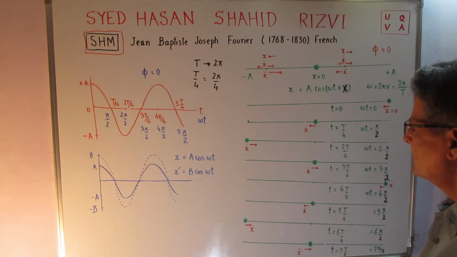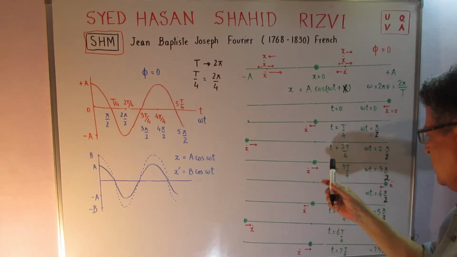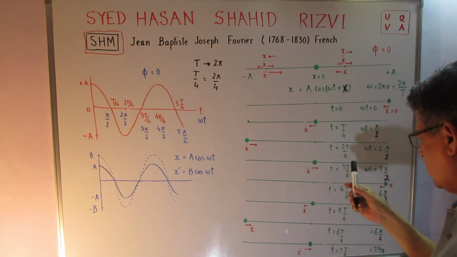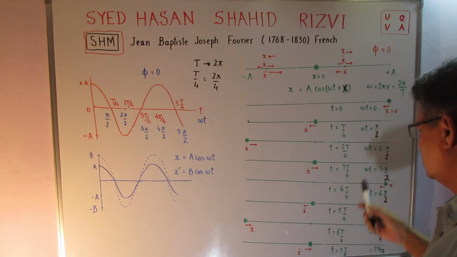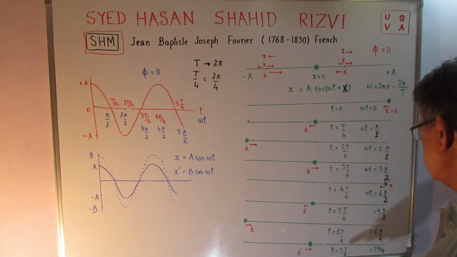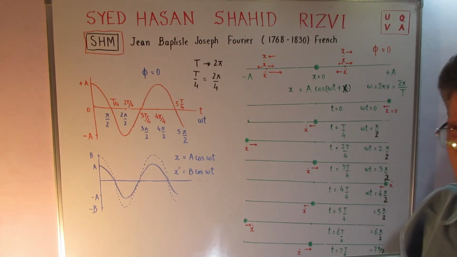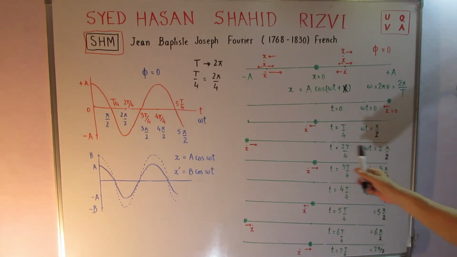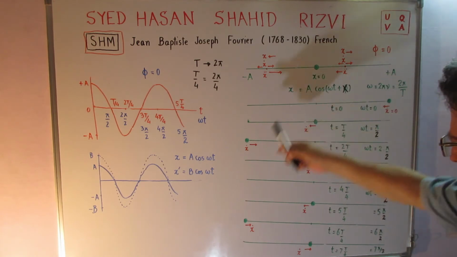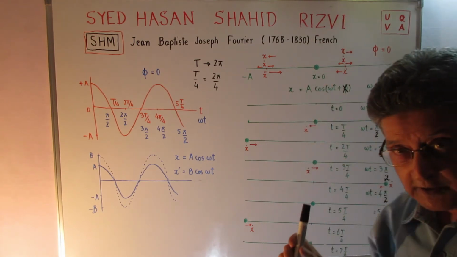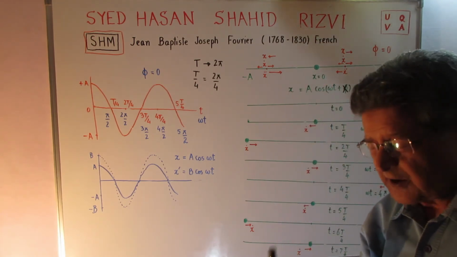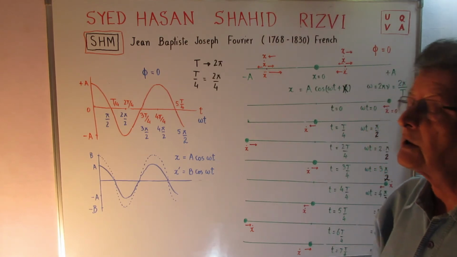Similarly, if we just go on adding T by 4, T by 4, pi by 2, pi by 2, then we get these positions, which you can draw yourself, and do draw that. Never think that I can just imagine that this is here and this will happen.